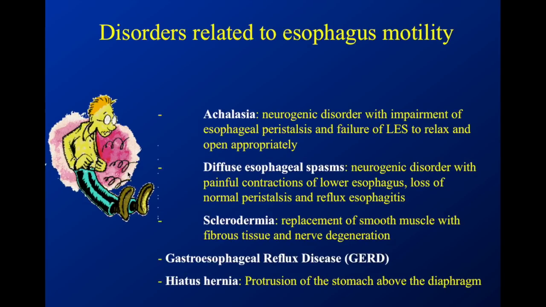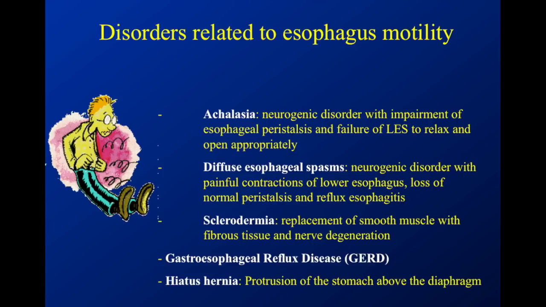Okay, so I'd like to finish off this short lecture by talking about some disorders of the esophagus pertaining to its motility. I think they illustrate where things can go wrong, and it rounds out your understanding of just what the esophagus does.